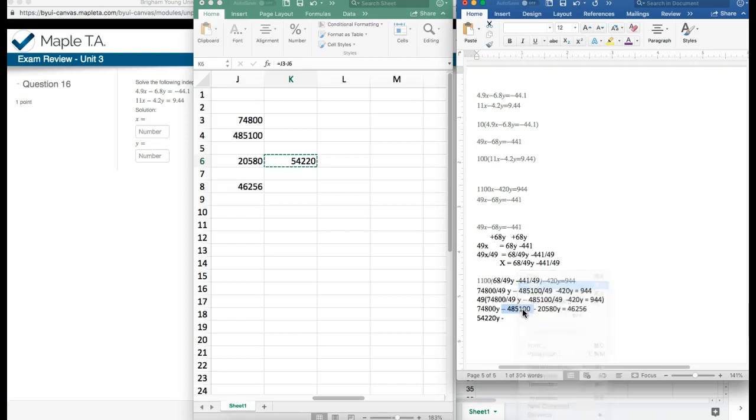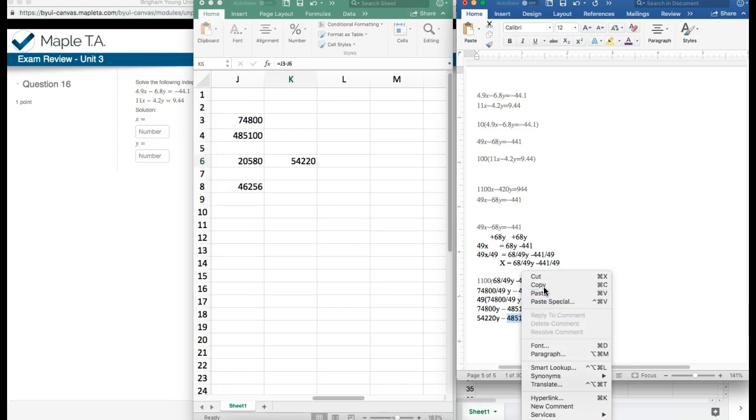So we're going to copy and paste that down here so I don't have any typos. And that still equals the 46,256.